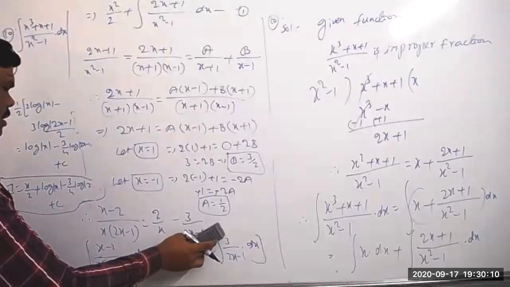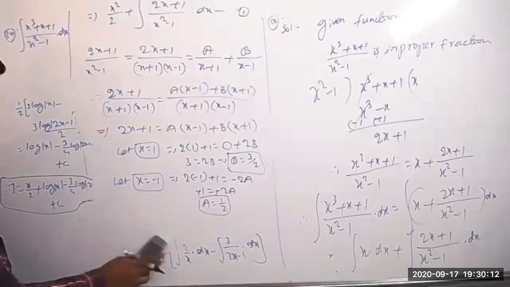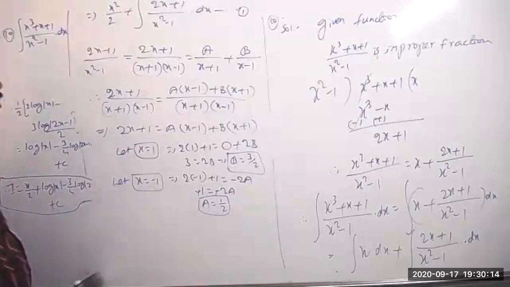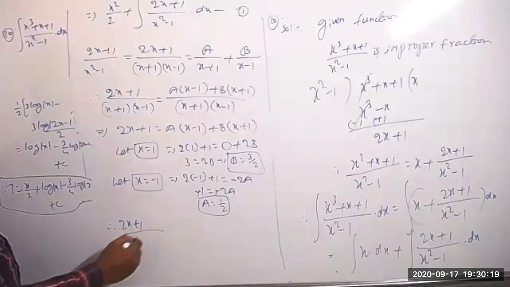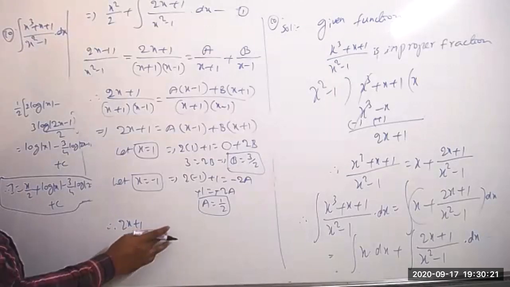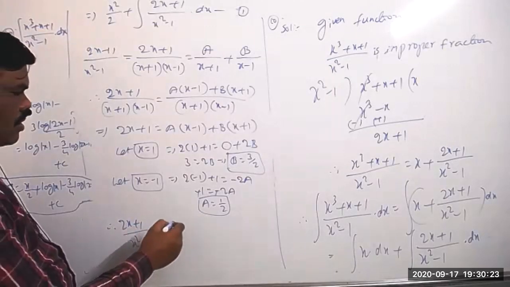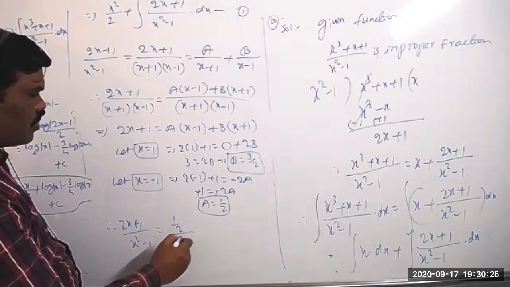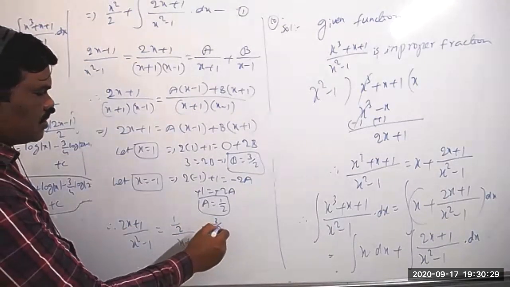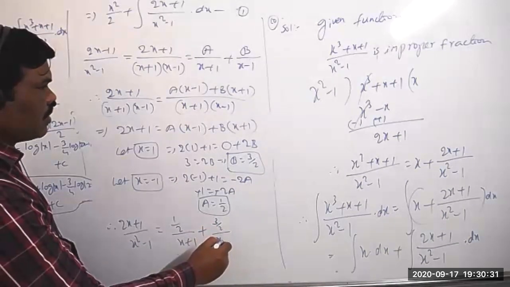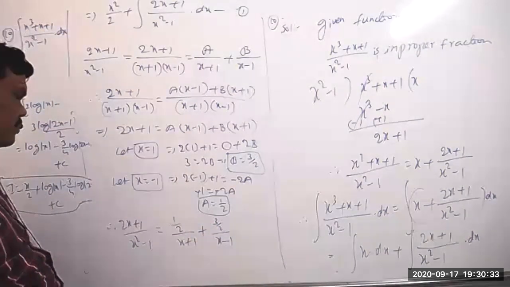Now clearly you can substitute these two values in there. So therefore 2x plus 1 by x square minus 1 is equal to, a means 1 by 2 whole by x plus 1 plus 3 by 2 whole by x minus 1.